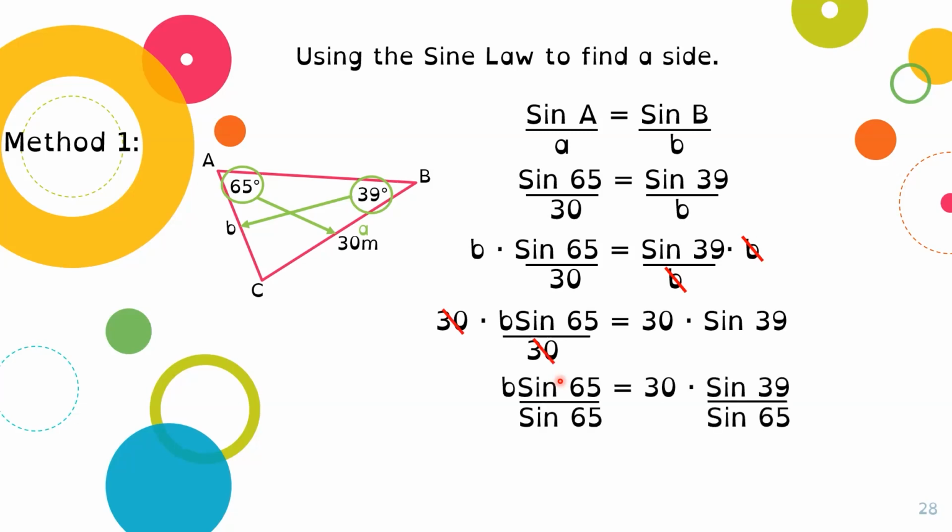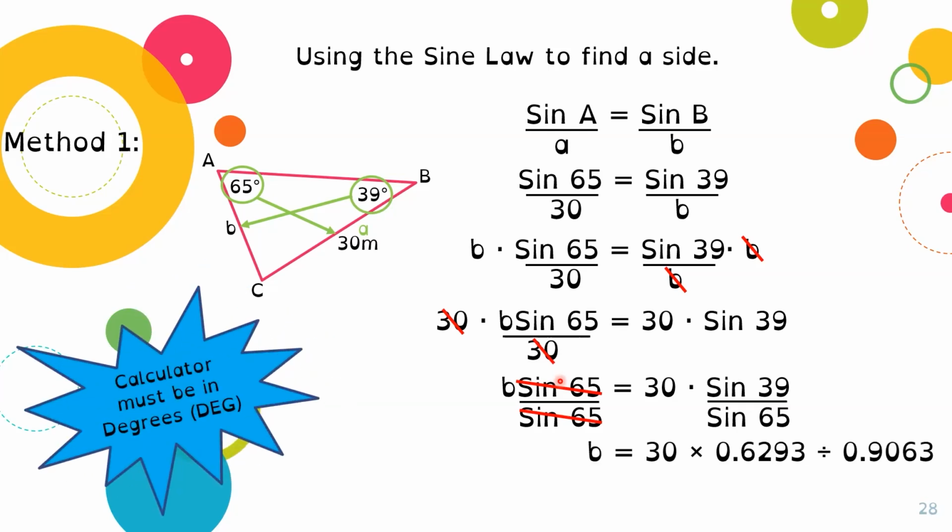And then we're going to cancel off the sine 65 in order to isolate for B. So we end up with B equals 30 times sine 39 divided by sine 65. Once we do that, remembering that our calculator's in degrees, we end up with B is equal to 20.8 meters. And that's the number that we end up with.